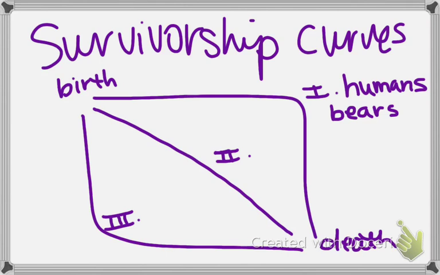Anyone remember the animal we talked about for survivorship curve number 2? Birds. Small birds, baby birds, bird eggs. They are notorious for being food sources for other animals, other living things.